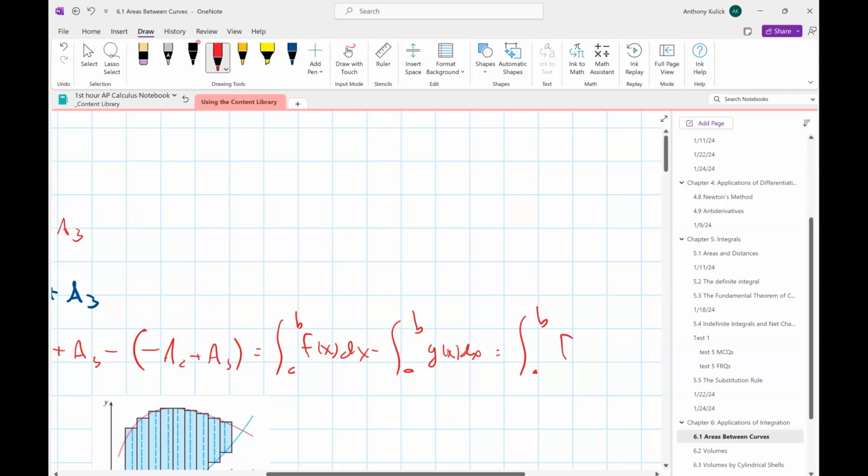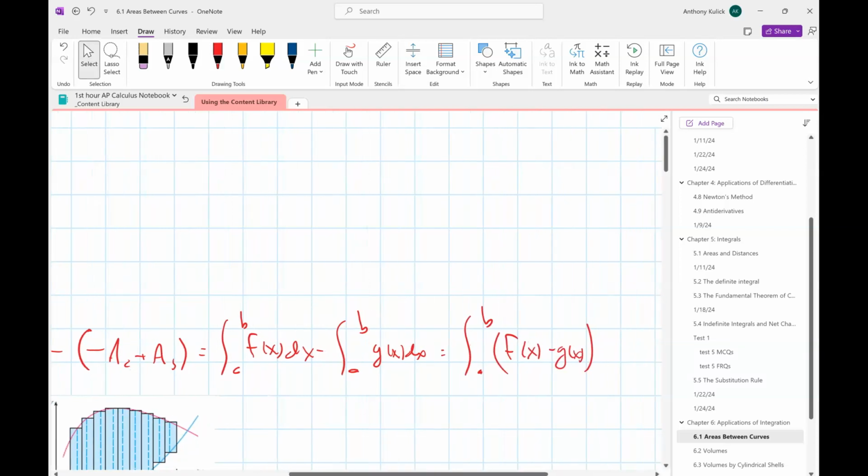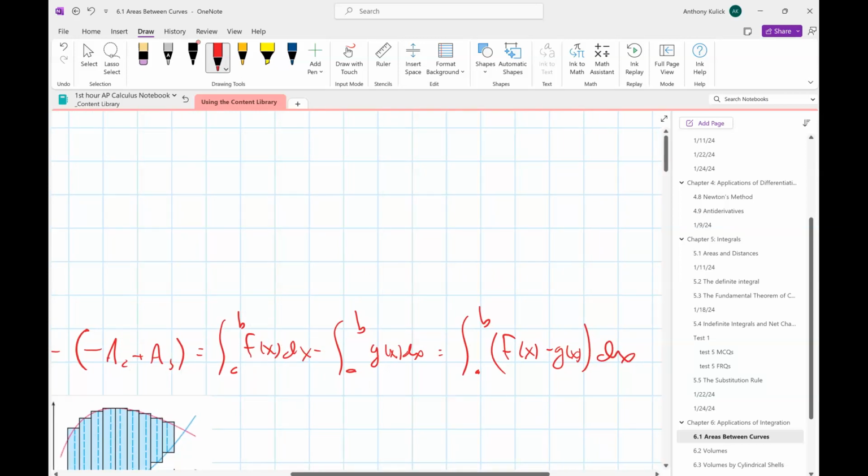And I know that we can distribute integrals, so I can factor that integral back out. And that's the general idea.